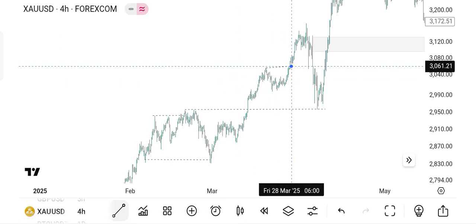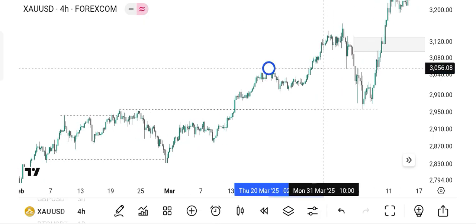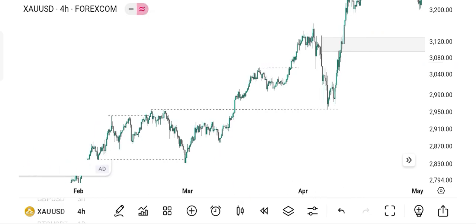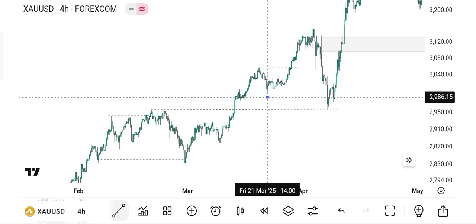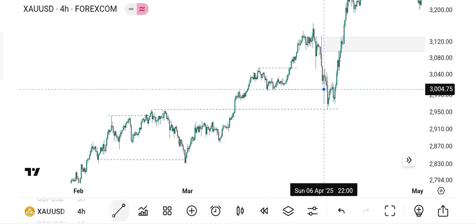Price gave us another high and another low, which we don't consider as a strong low yet because it has not taken out a strong high, right?